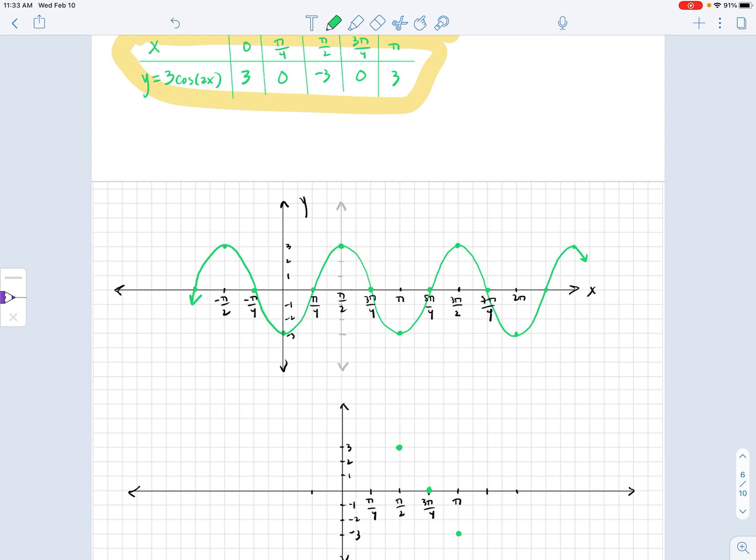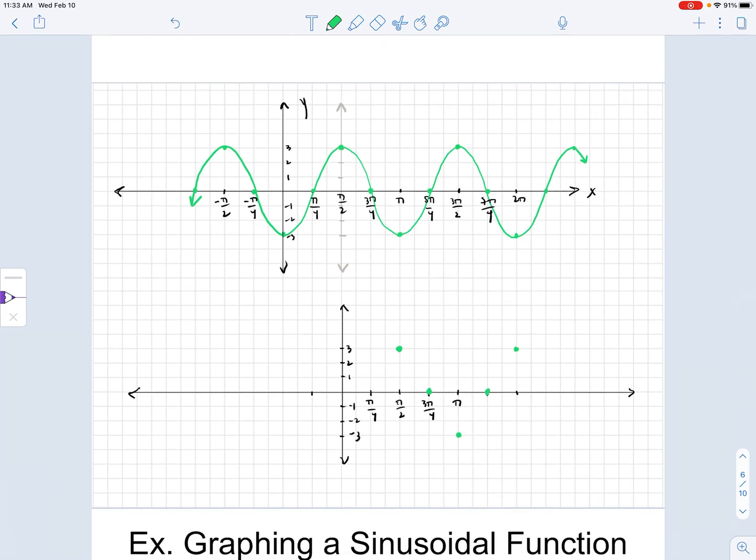And then 3 pi over 4, comma 0, shifted to the right pi over 2 units would land us at 5 pi over 4, comma 0. And pi, comma 3, shifted to the right pi over 2 units would land us at 3 pi over 2, comma 3.